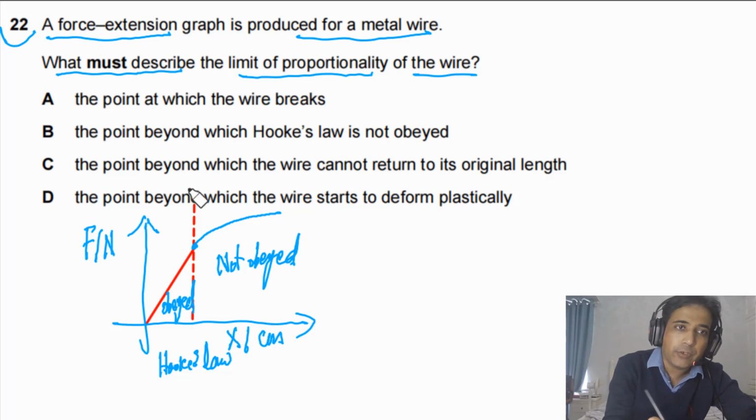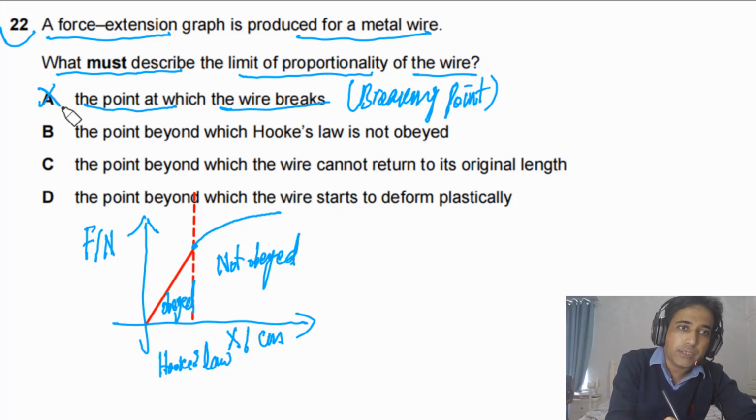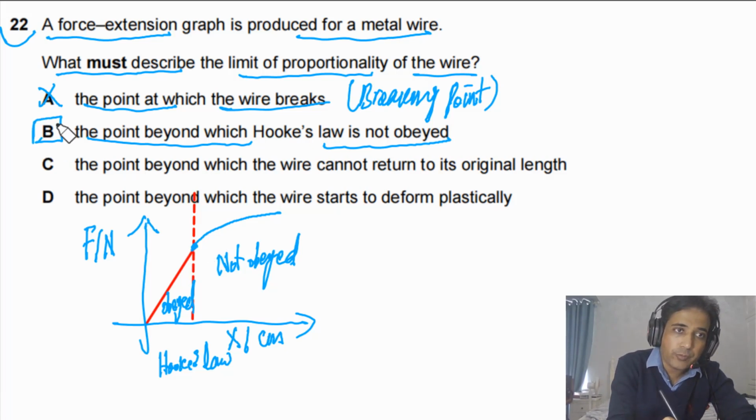Now if you look at the given options, option A says the point at which the wire breaks. This is the breaking point, or fracture point, so this is incorrect. The point beyond which Hooke's law is not obeyed means after that Hooke's law is not obeyed, so this point is the limit of proportionality.